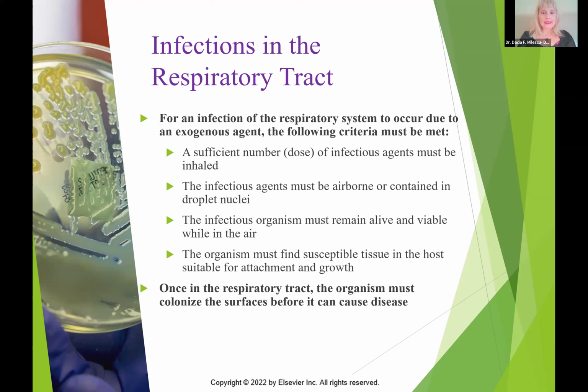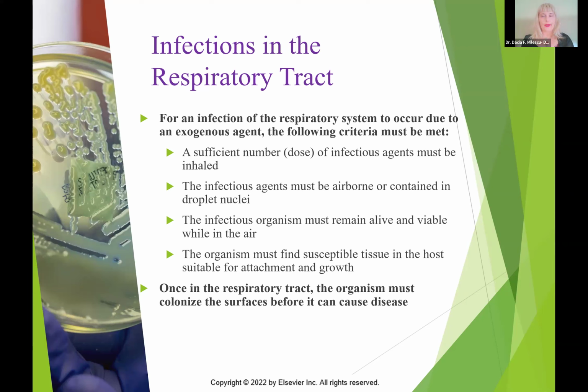So once it hits the respiratory tract, the organism has to be able to colonize along the surfaces of the structures along the respiratory tract, okay? So if it cannot land and colonize, it's not going to live.